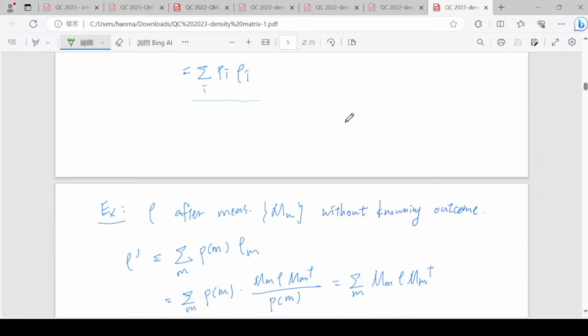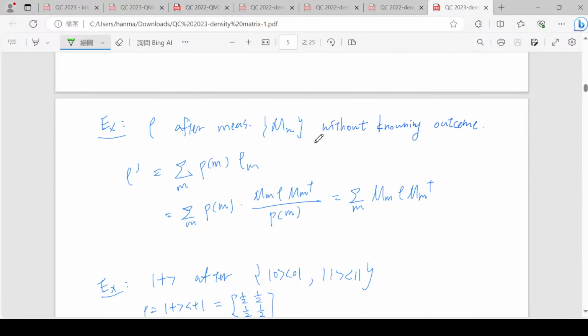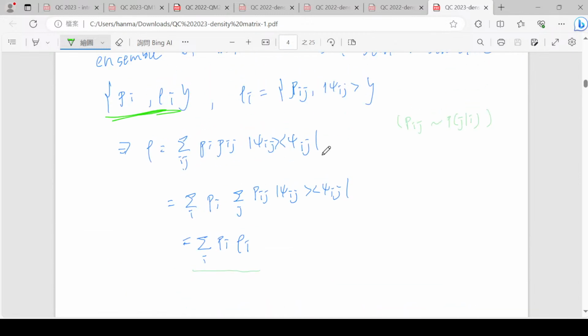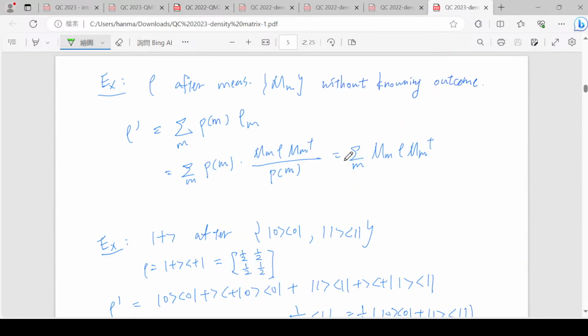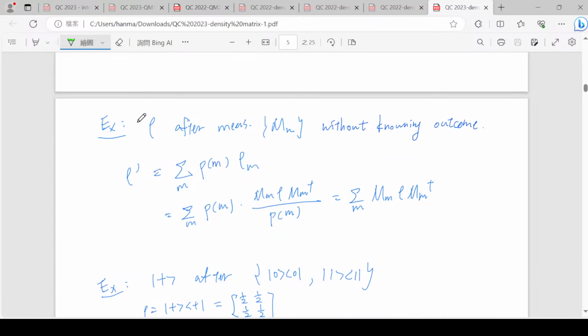Okay. So finally, we go to examples, although we should have had an example a little earlier. The first example is something that we can't quite do with a pure state. We can describe this weird state as you do a measurement on some density matrix or some state. This rho might be pure, might be mixed. And then we do this measurement, but not quite knowing the outcome, like if you cover up the outcome.